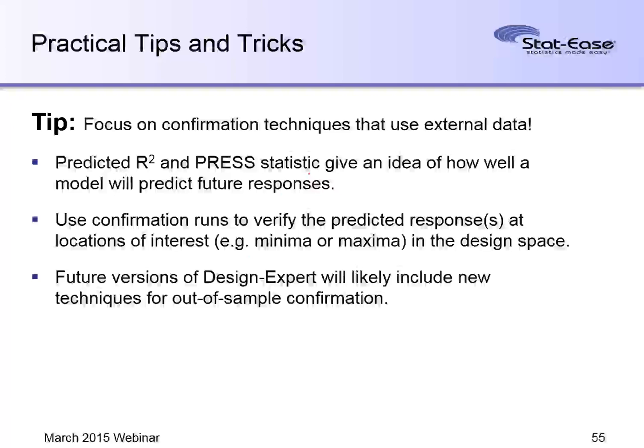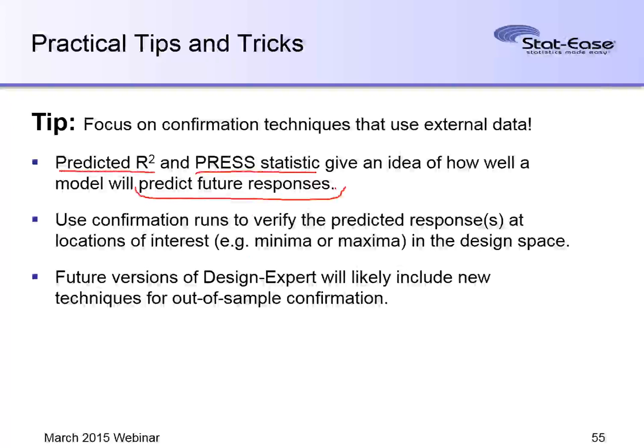Finally, you should always focus on confirmation techniques that use external data. You may have heard of techniques like cross-validation, data splitting, and so on. You always want to confirm your model whenever possible by using fresh external data, unbiased independent data. Predicted R-squared and the PRESS statistic, both computed by Design Expert 9, will give you some information about how well a model will predict future responses, and generally will give you evidence of underfitting or overfitting.